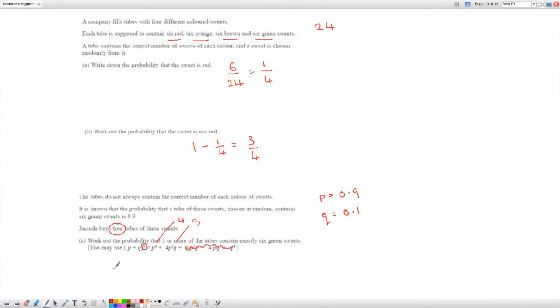So first we're going to be looking at 0.9 to the power 4 plus 4 times 0.9 to the power 3 times 0.1. So working out this separately and then adding to the 0.9 to the power 4, we have the total probability as 0.9477.